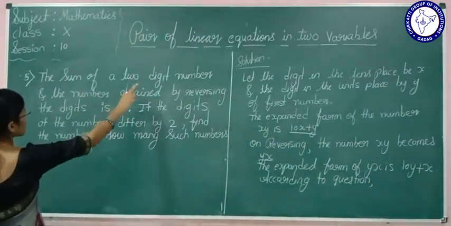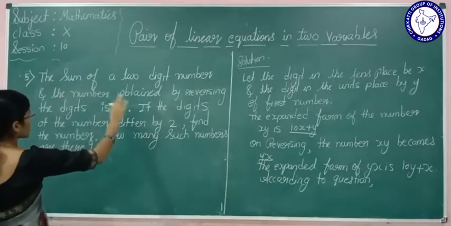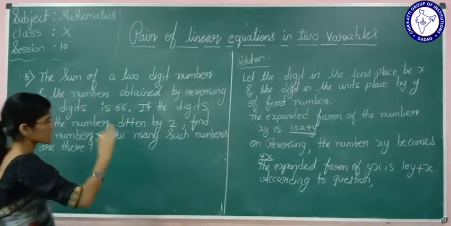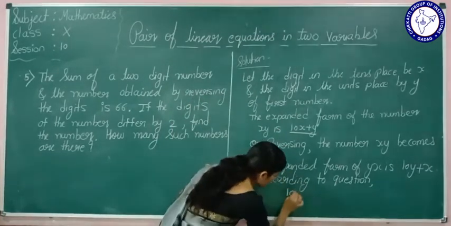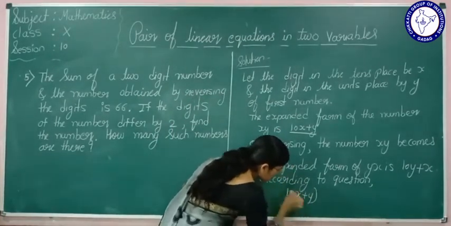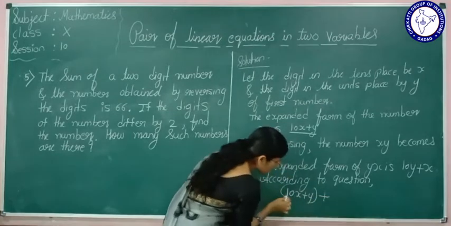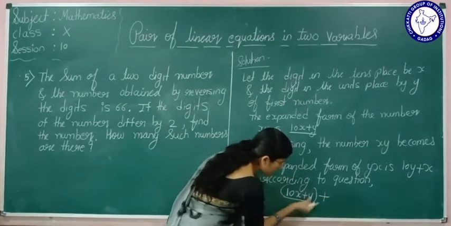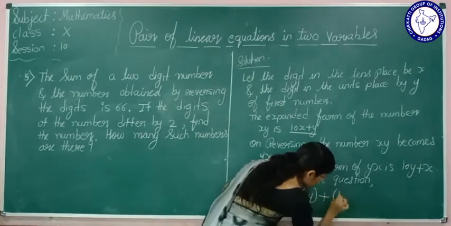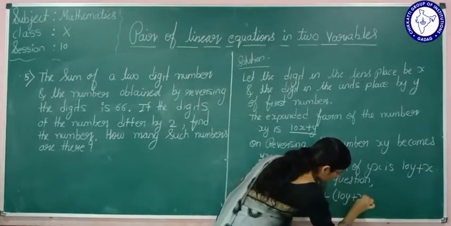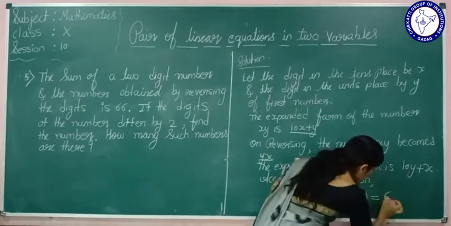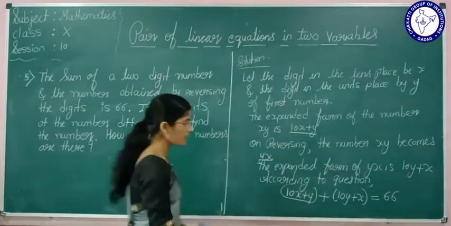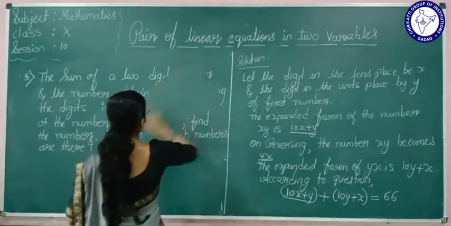The sum of a 2-digit number and the number obtained by reversing the digits is 66. The sum of the first number, that is 10x plus y, sum means addition. The sum of this number and the reversed number, 10y plus x, is equal to how much they have given? Is equal to 66. Okay. We will solve this.